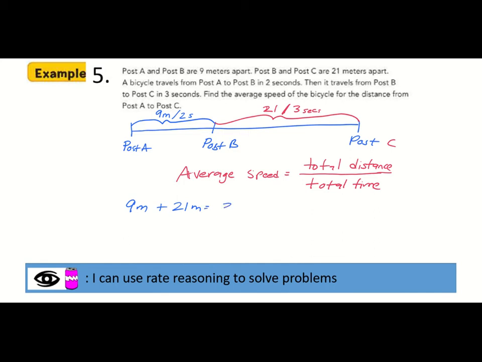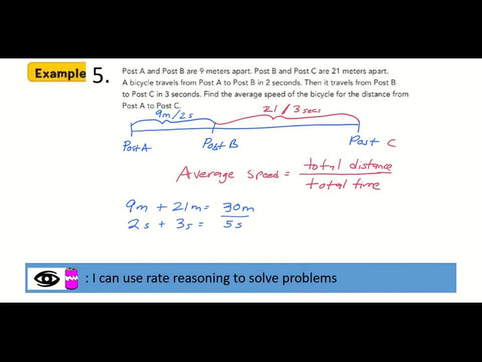So that total distance that the bicycle traveled was 30 meters total. Now we're going to have to figure out the total time. The total time to travel that 9 meters was 2 seconds, and the total time to travel the 21 meters was 3 seconds. So the total time was 5 seconds.